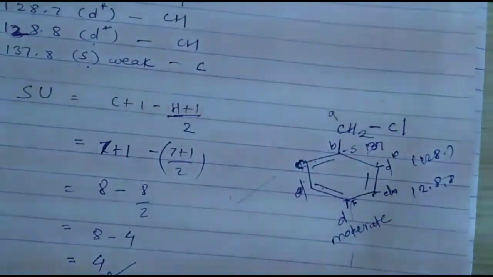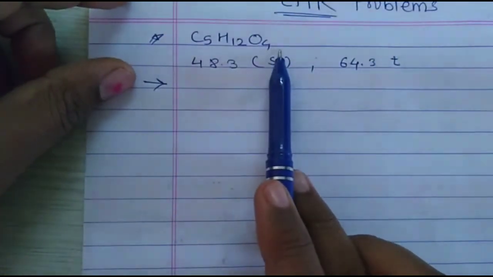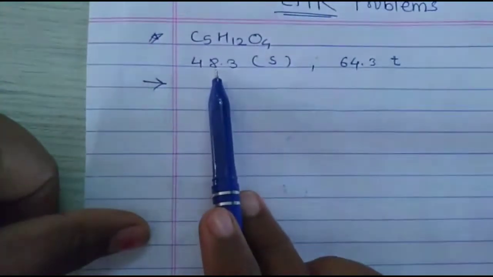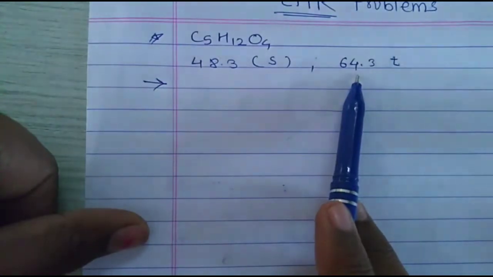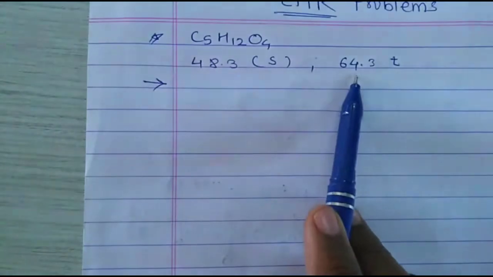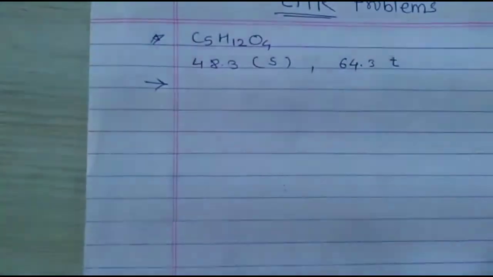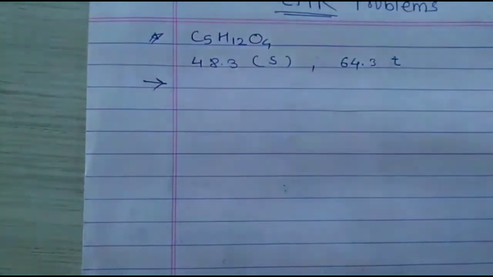This is about the structure. Now they give us the molecular formula C5H12O4. They give us only 2 values. That means there must be symmetry in the molecule. So let's start finding the structure of this molecule.